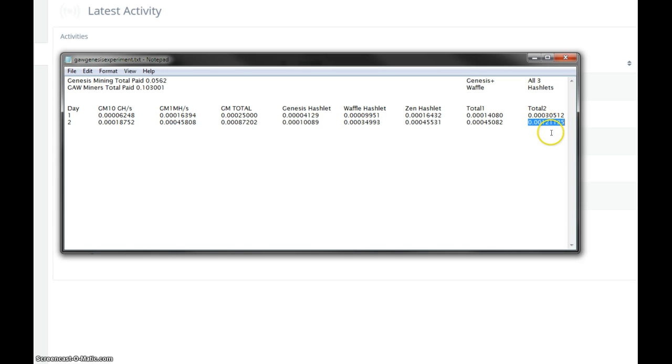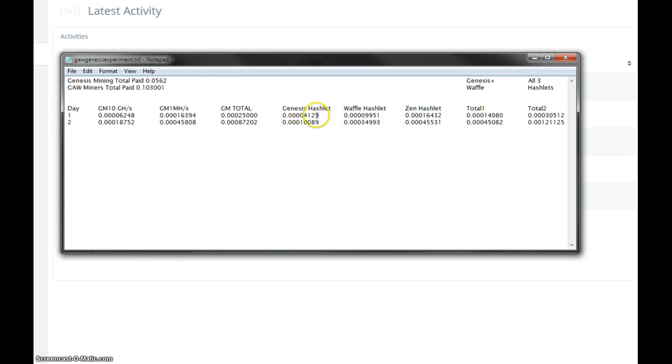Now, as you all know, with the Zen Cloud, all of the Bitcoin that you earn is kept on their system. So you end up having a total in Bitcoin at the top. So now I'm going to show you how much is actually in my Zen Cloud account right now. If this figure matches exactly what is listed there, then you know for a fact that all these figures are true and correct.